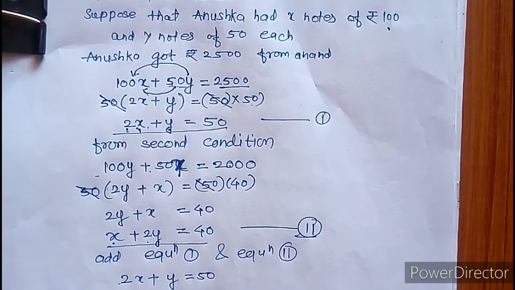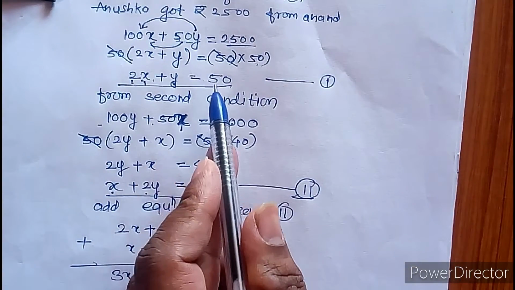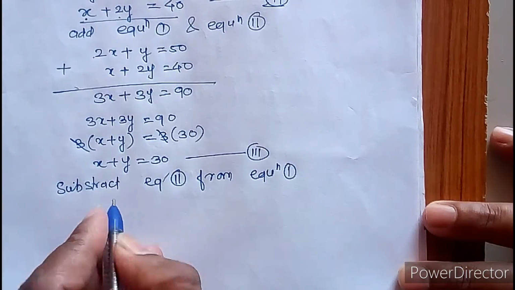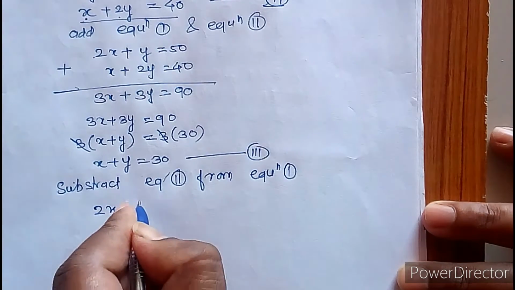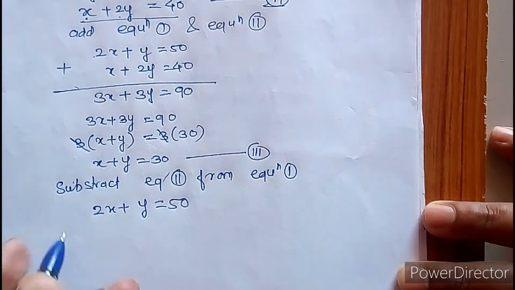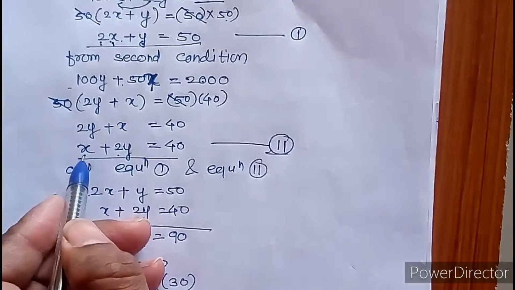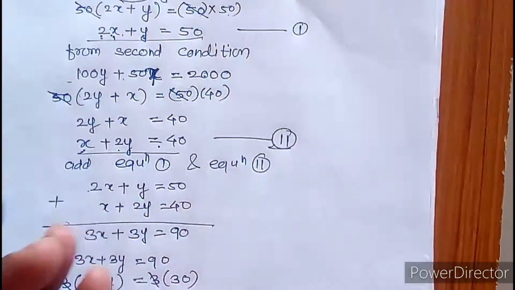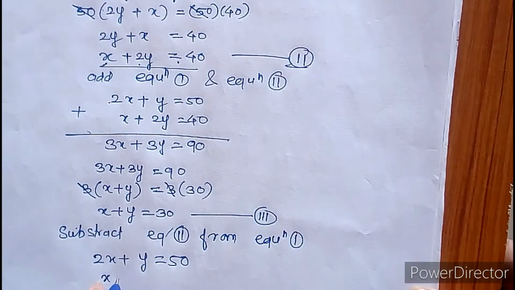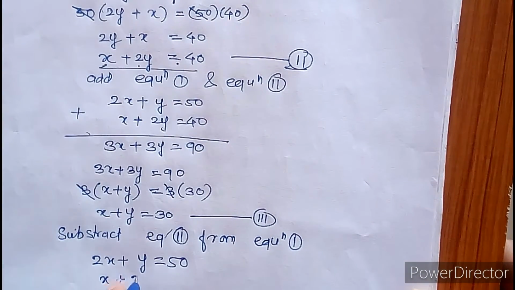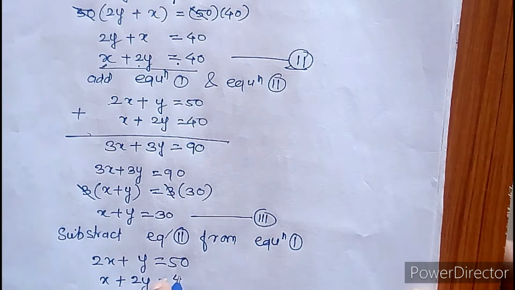Equation number 1 is 2x plus y equals 50. Write down here 2x plus y equals 50. We have to subtract equation number 2, that is x plus 2y equals 40.